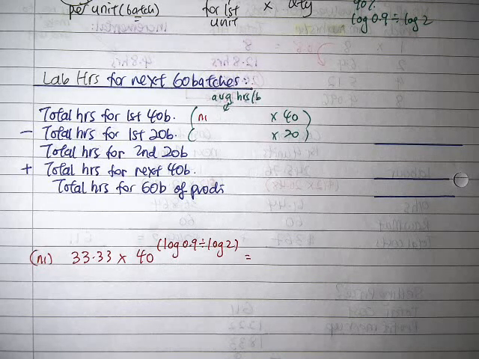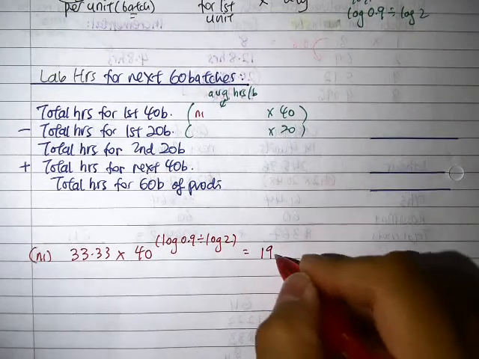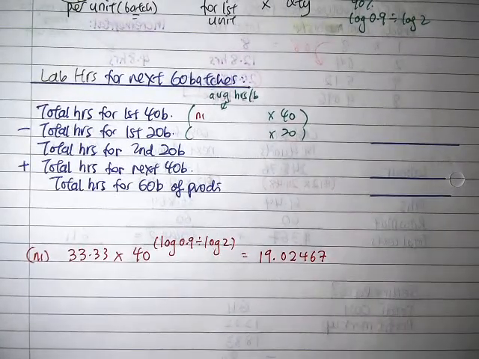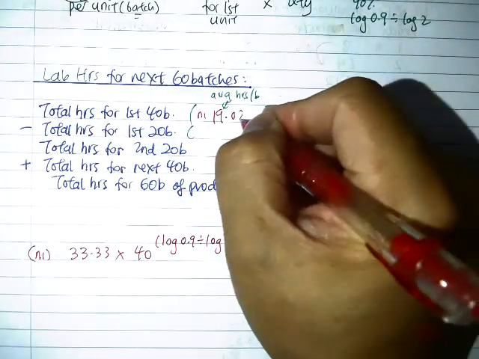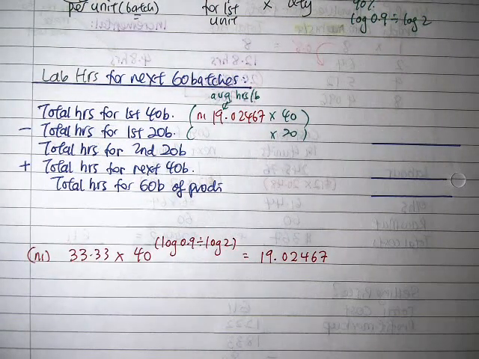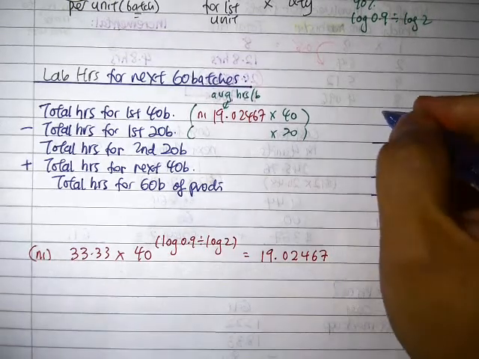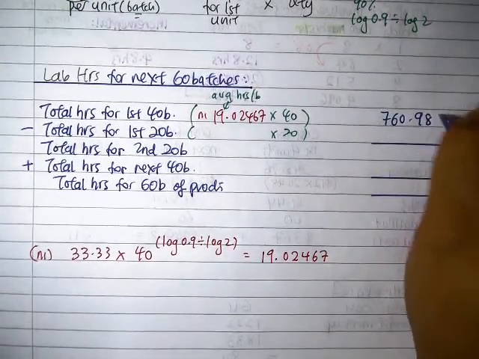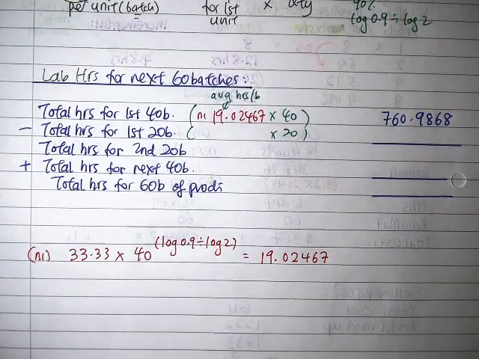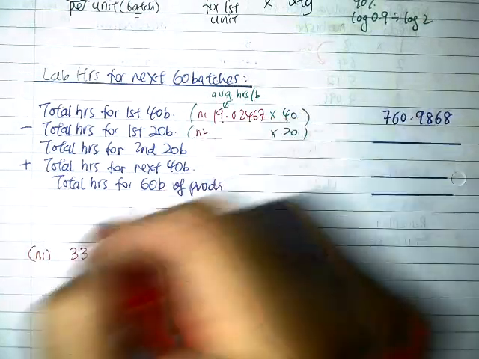a value of 19.02467. So this is 760.9868. Alright, now what we need here is quite simple.